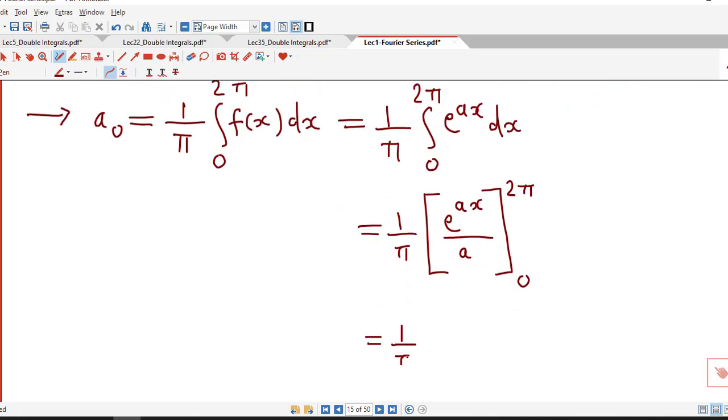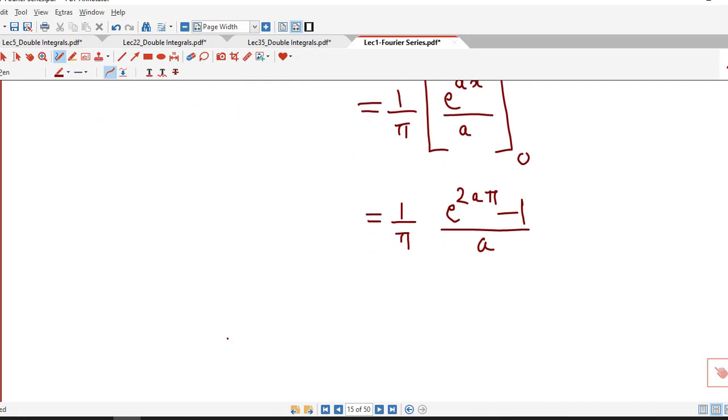So first we put x equal to 2 pi, so we have e raised to 2a pi minus e raised to 0, which is 1, divided by a. So this is the first Fourier coefficient a0, which is equal to e raised to 2a pi minus 1 divided by a into pi.